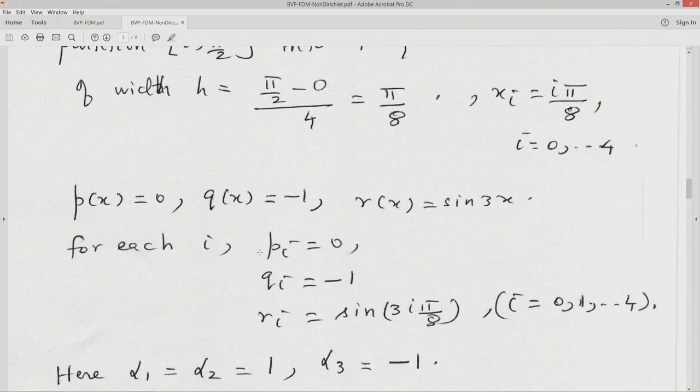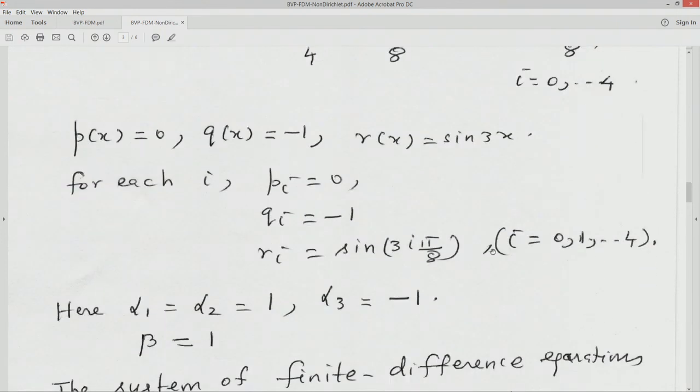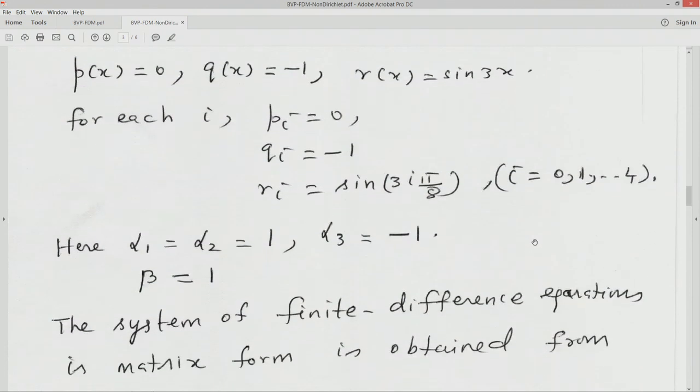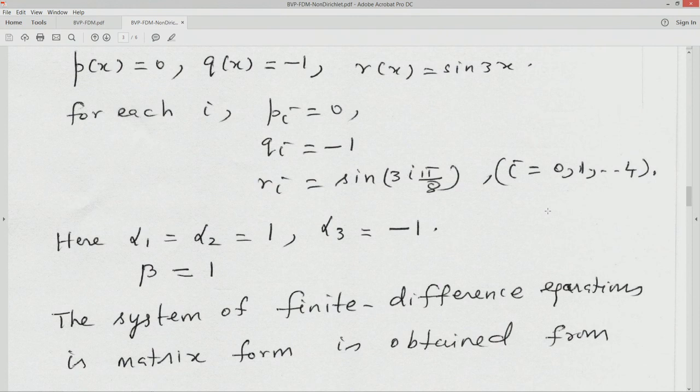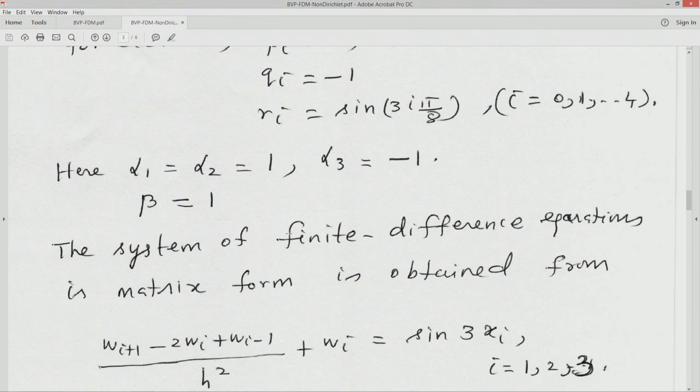So, for each i, pi is 0, qi is minus 1 and ri is sin 3i pi by 8 for i equal to 0 to 4. And we also note that alpha 1 and alpha 2 take the value 1, alpha 3 is minus 1 and beta is 1 because the second boundary condition is a Neumann type of boundary condition.